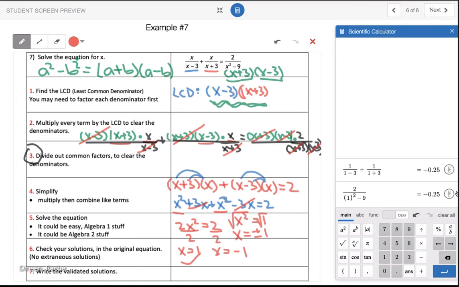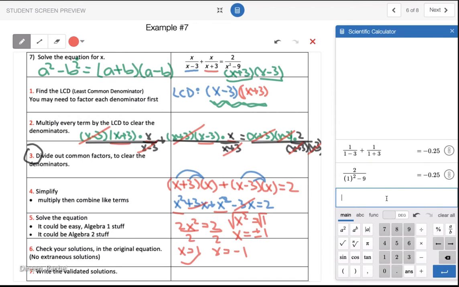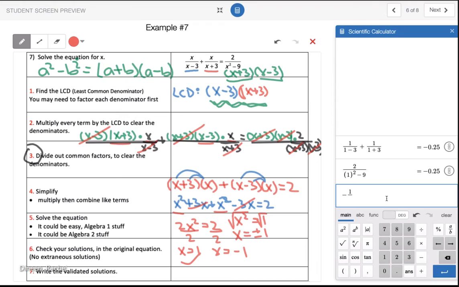Now let's try x equals negative 1. So negative 1 minus 3 plus negative 1 plus 3, and I get negative 2.5.